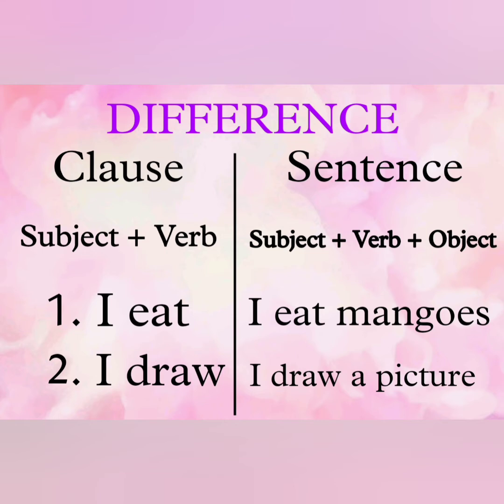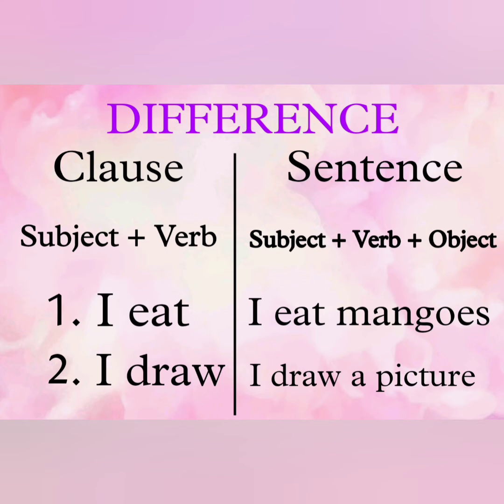If the object is added with this, then it will become a sentence. Like I eat mangoes. In this, I is the subject, eat is the verb and mangoes the object. Second example, I draw. Again, I the subject, draw the verb. So this is only a clause.